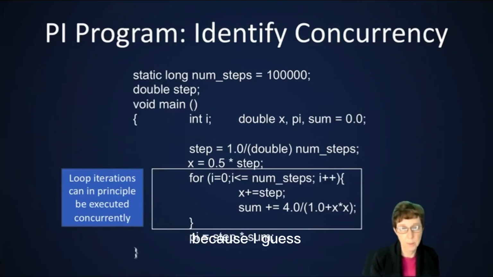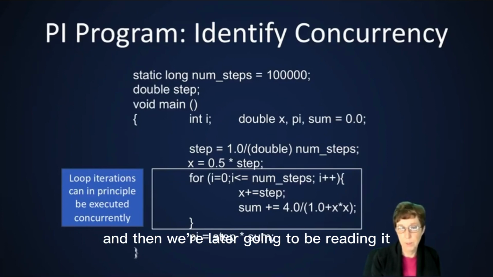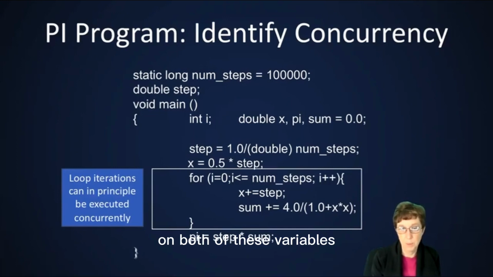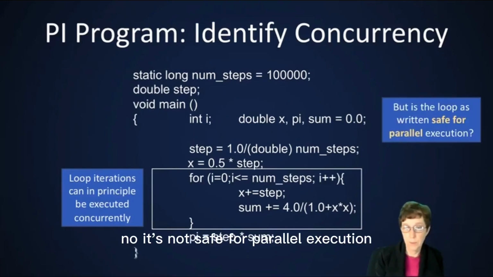There may also be write-after-read, but there's certainly read-after-write: in one iteration of this loop, we're going to be writing the sum, and then later reading it as we do the plus equals. So we've got all these hazards on both of these variables. Is it safe? No, it's not safe for parallel execution.